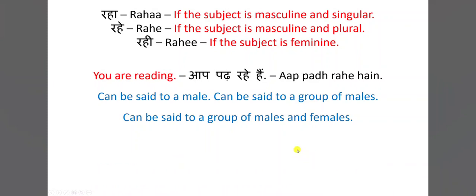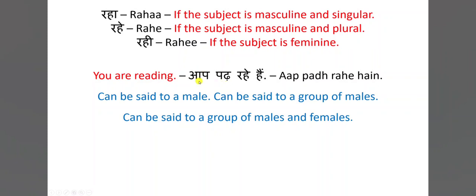Okay. Next, you can say this like this too. आप पढ़ रहे हैं. आप पढ़ रहे हैं. आप is you, पढ़ रहे is reading, हैं is are. You can say this sentence to a single male or a group of males or a group of males and females.